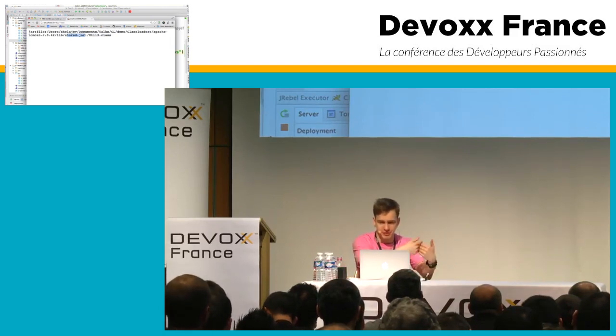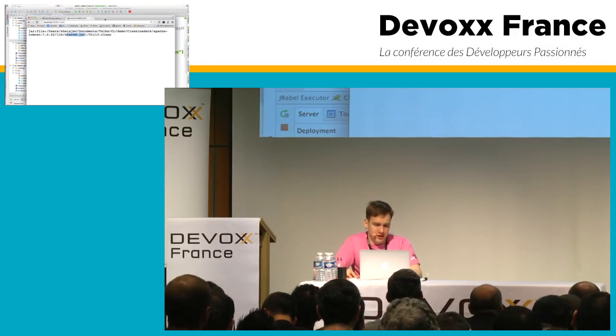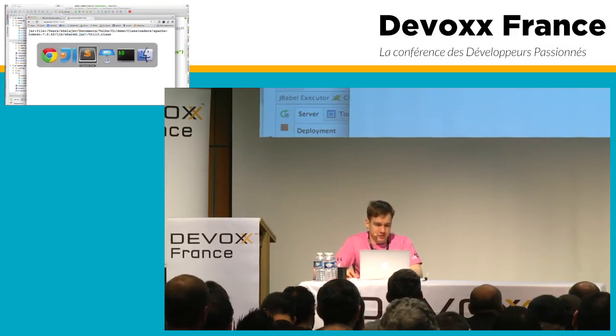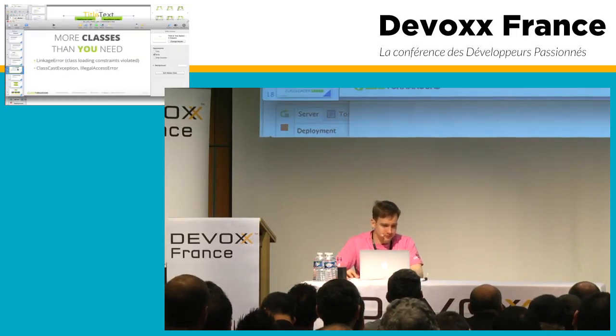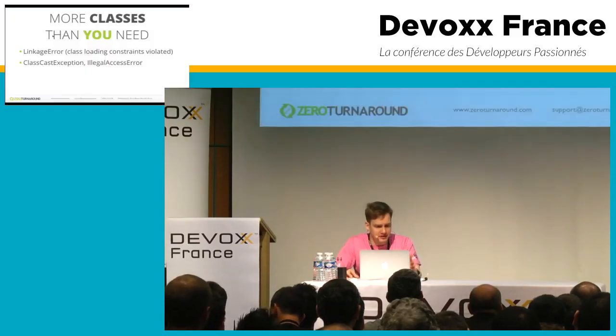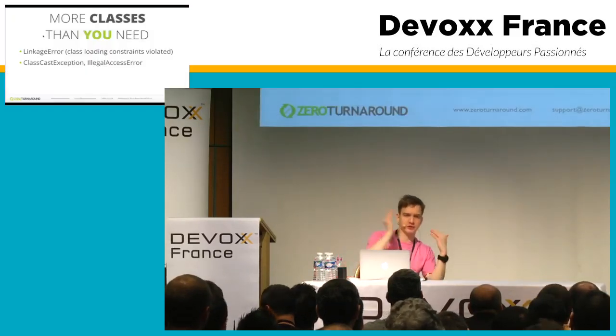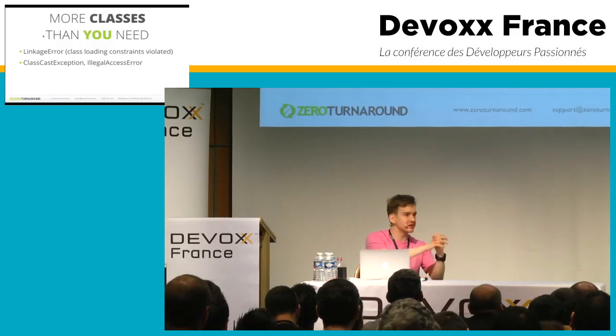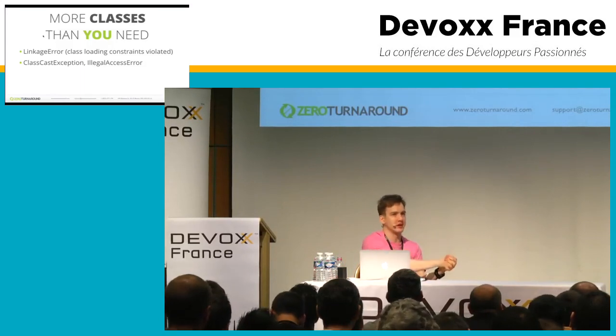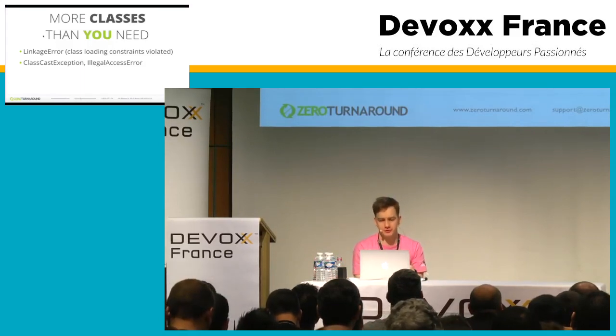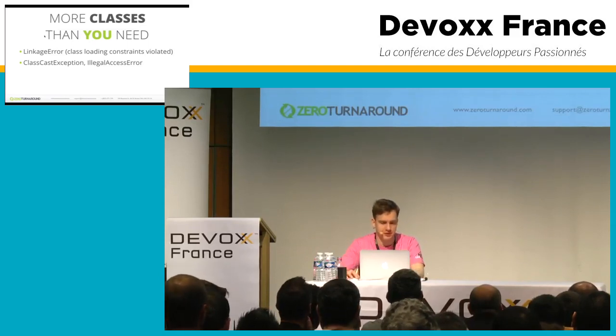So from this mismatch of class loaders, I get all those kinds of exceptions. When you have more classes that you need, this usually results in linkage errors, and class cast exceptions when you explicitly cast. Those are probably the most often encountered out of those classes of errors.